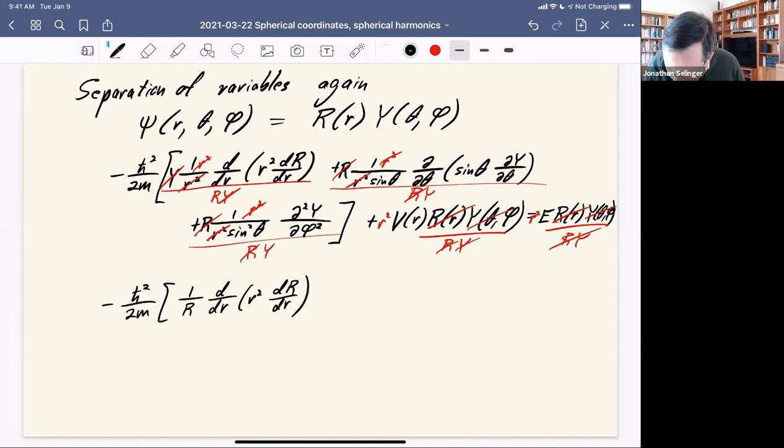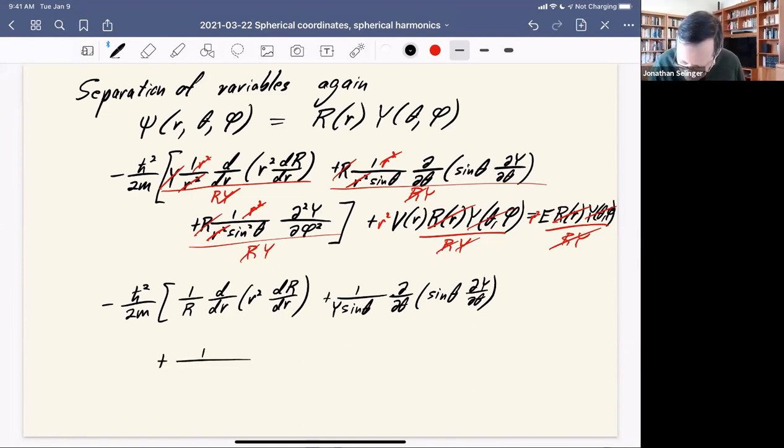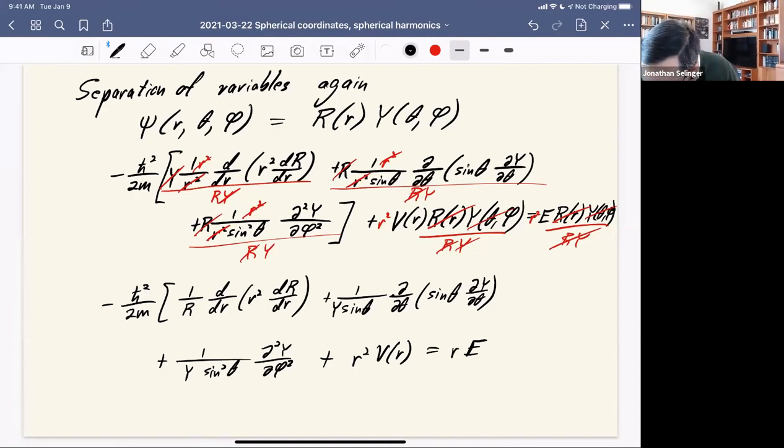Our next term is 1 over Y sine theta d by d theta of sine theta dY/d theta. Now, the third term: 1 over Y sine squared theta d2Y/d phi squared, plus r squared times (V of r minus E).